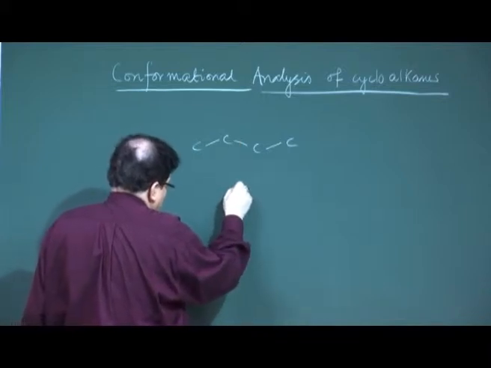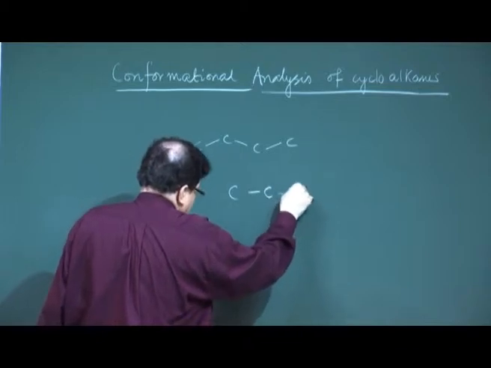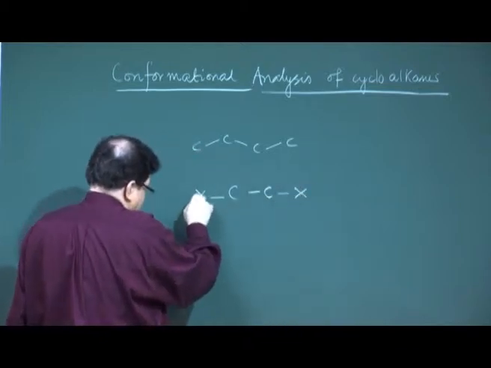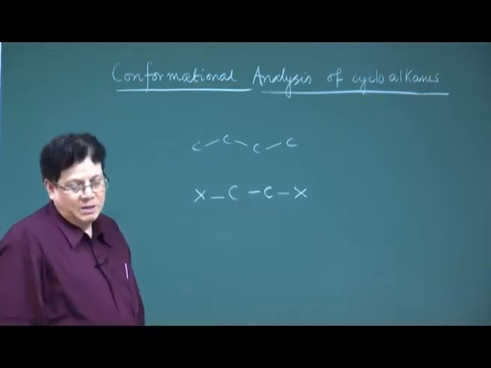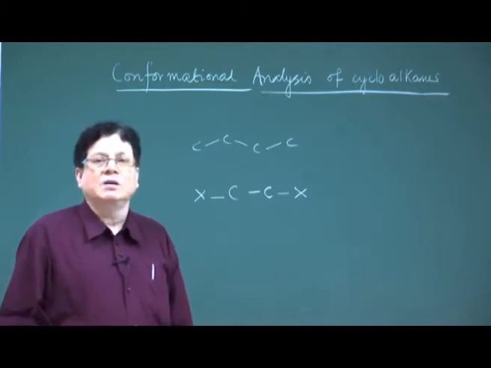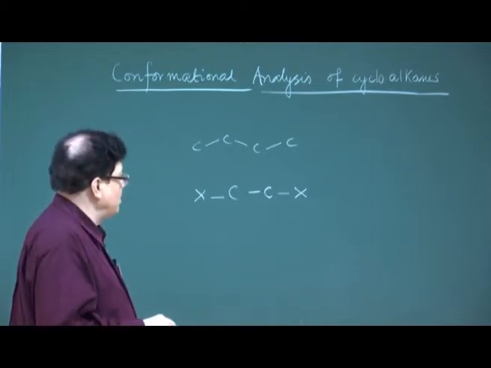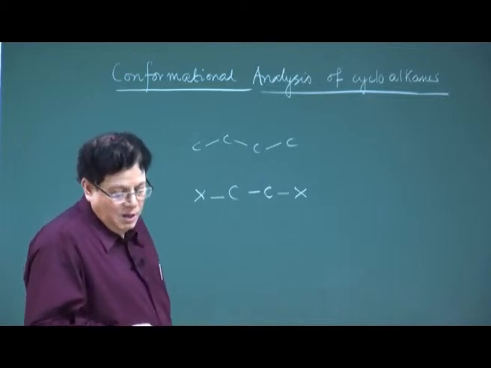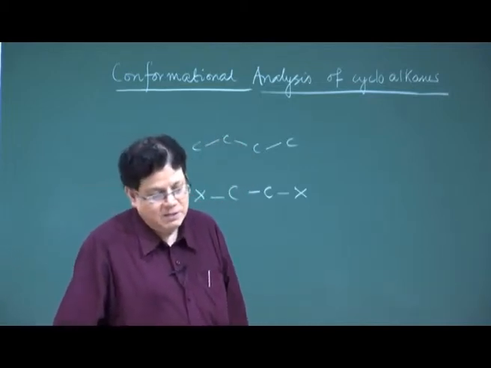Then we have done the conformation analysis of systems which have a 2 carbon system with different heteroatoms attached to the vicinal carbons. So, today we will start the conformation analysis of cyclic systems.